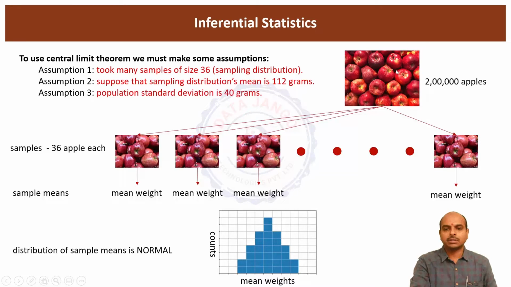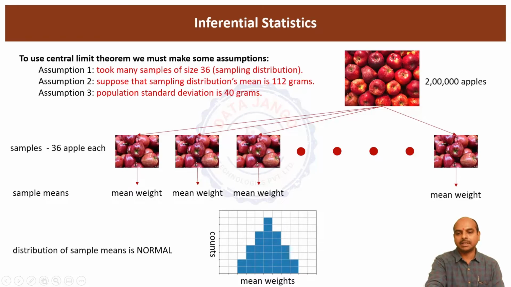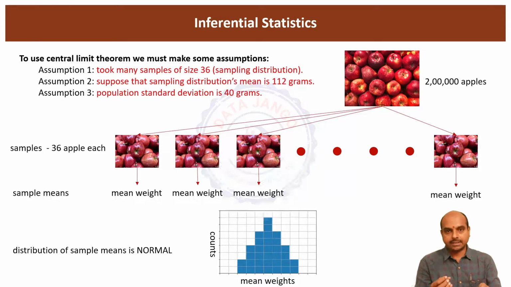Suppose that we have chosen many samples here, calculated the means of all these samples, and then taken a mean of all these means, and that mean is 112 grams. Suppose that, because we have only one sample and we are doing statistics. When I say statistics, it is approximation. So the approximate mean of all the samples can be closer to whatever sample we have. So we are just assuming that the mean is actually 112 grams.